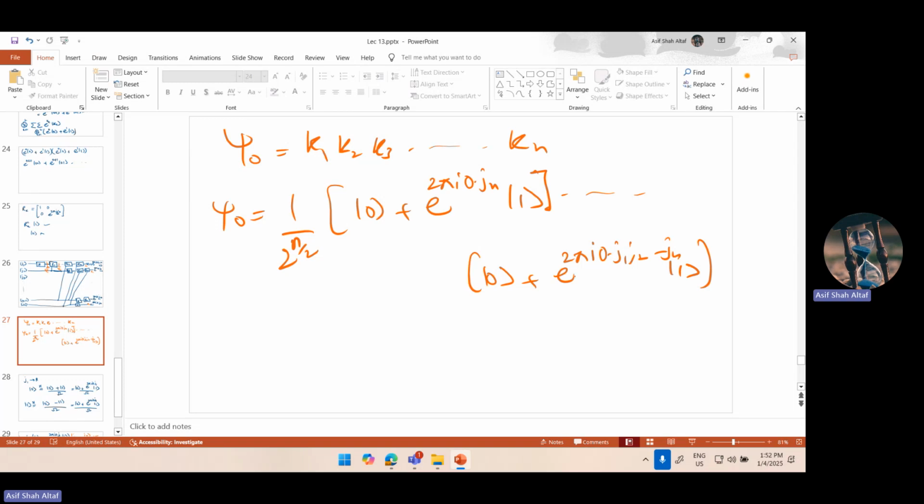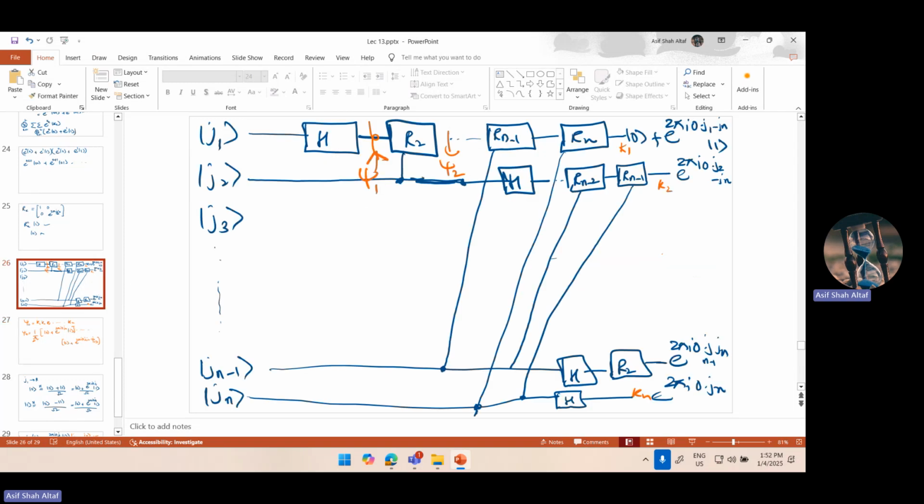So this way we can compute the quantum Fourier transform on a quantum computer.